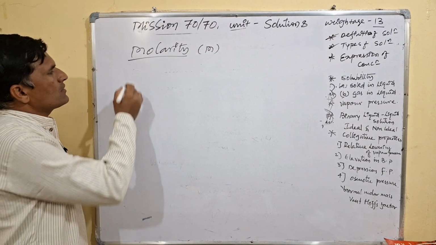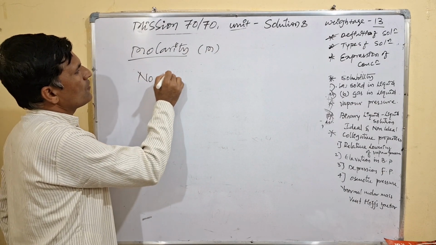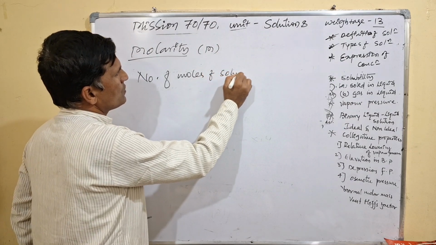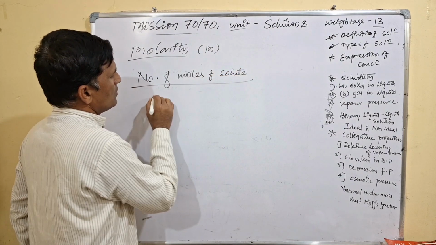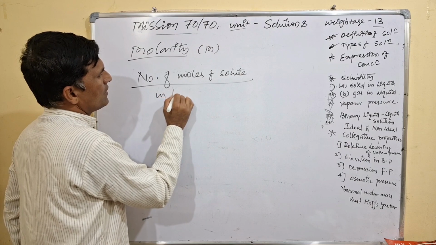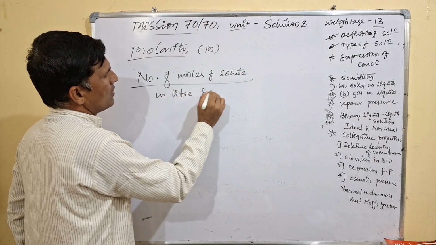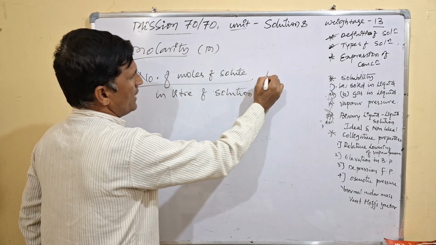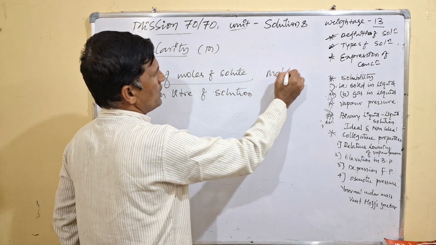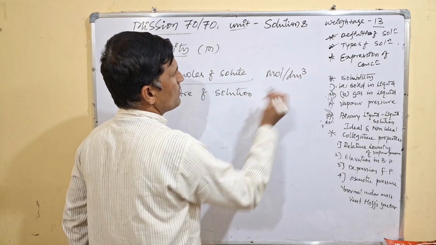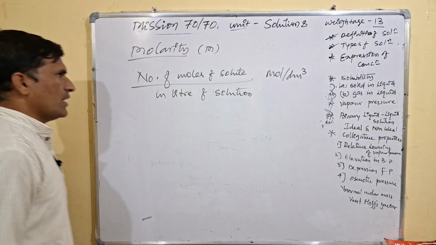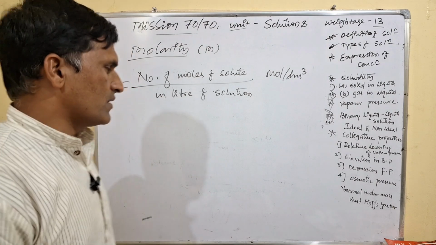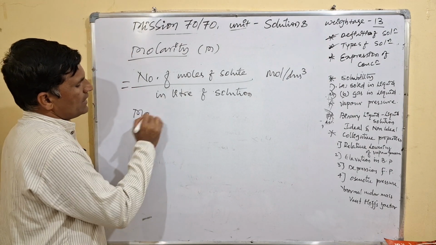Molarity means the number of moles of solute in 1 liter of solution. Its unit is mole per dm cube, or mole per liter. That is molarity. Then next is molality.